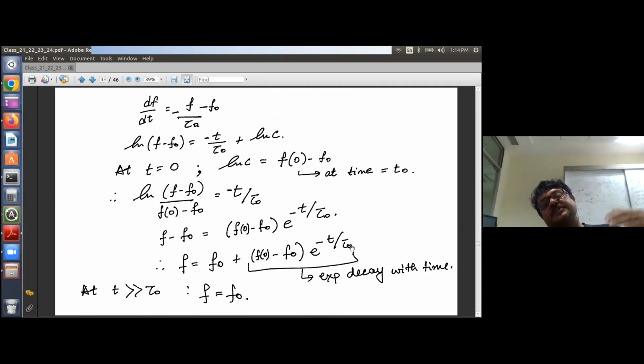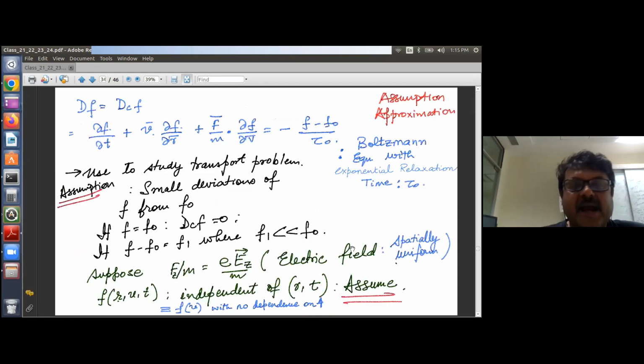So the effect of collisions is to take the distribution function back towards the equilibrium distribution.